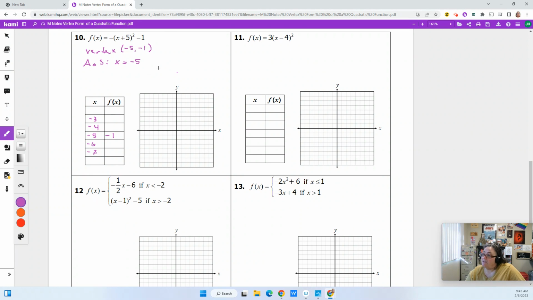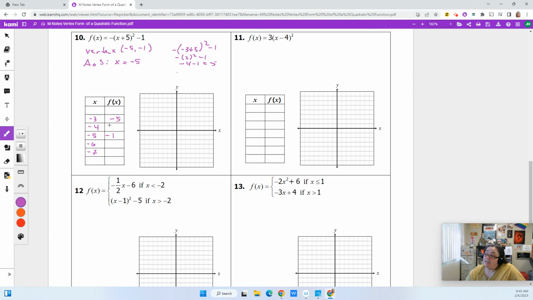So when I look at the equation, I'm going to go, okay, well, I've got negative 3 plus 5 squared minus 1, and that's going to be negative 2 squared minus 1, which is 4, but it becomes negative 4 when we apply that negative, minus 1, which is negative 5.